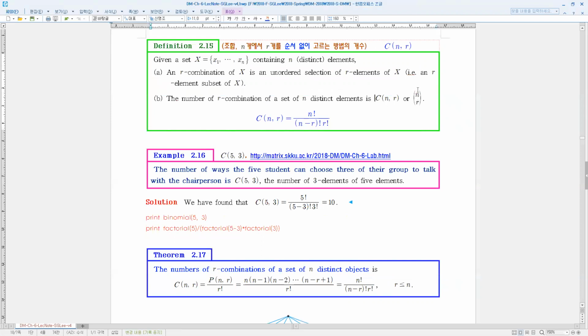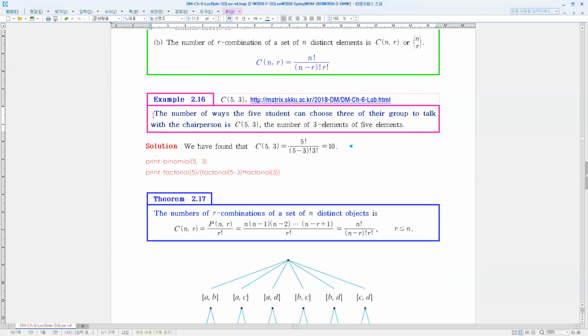This can be written as n factorial over (n minus r) factorial times r factorial, because there's no order, so we ignore order by dividing by r factorial. That gives us the total number of r-combinations out of a set of n distinct elements.